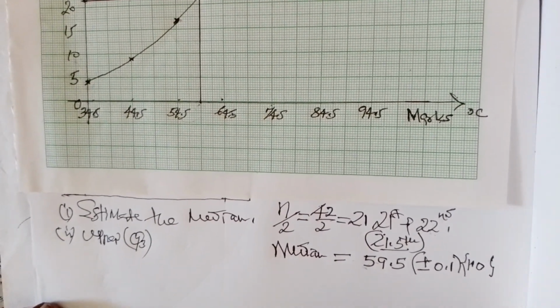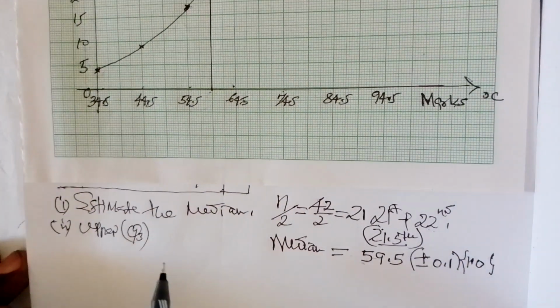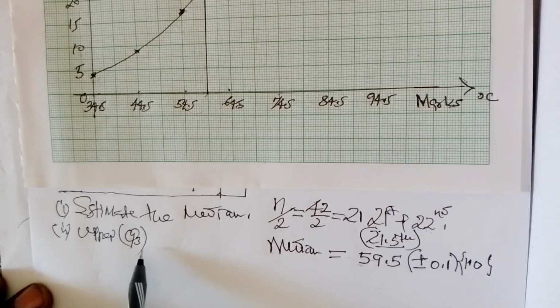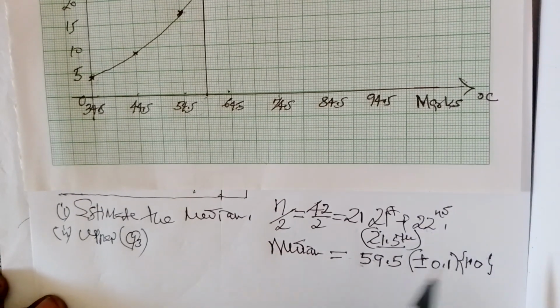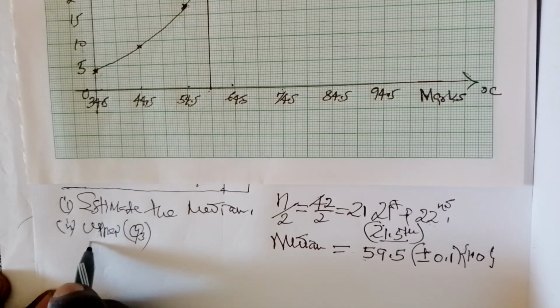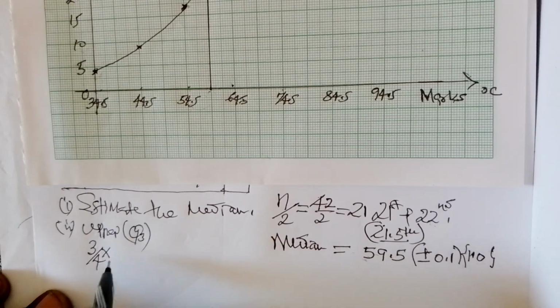Now, in the next question, we want to get the upper quartile. So the upper quartile will be given by the position of 3/4 of the data that we have.